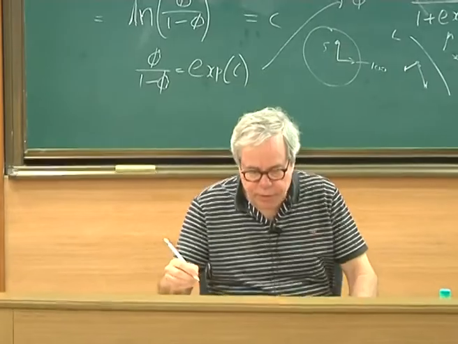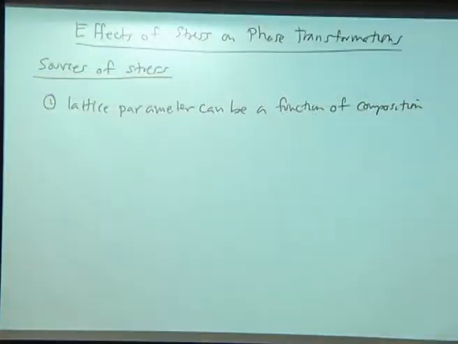So let's talk about the effects of elastic stress. Effects of stress on phase transformations. And let's talk about the sources of stress first. One of them is that the lattice parameter can be a function of composition.